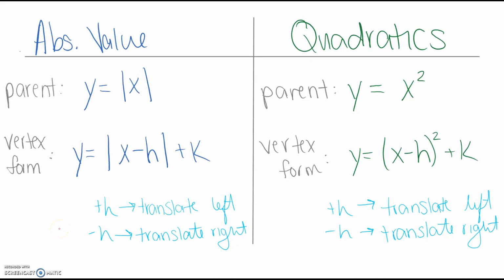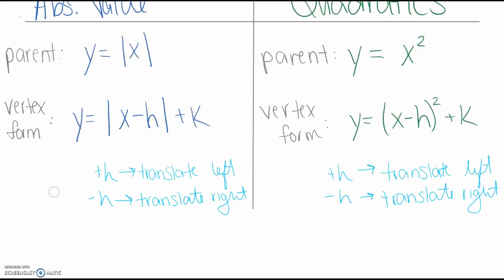Okay, so that's h. Now k does the same thing for both functions. If we have a positive k, it's just like you would think, and that's going to translate up. So the number on the outside affects the y values.